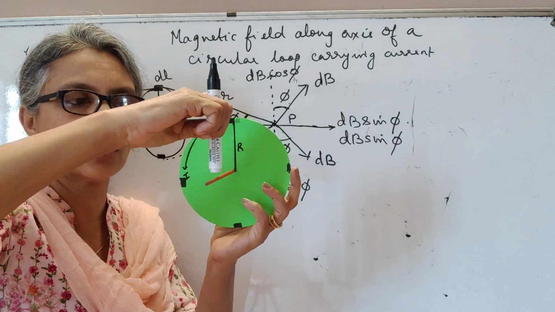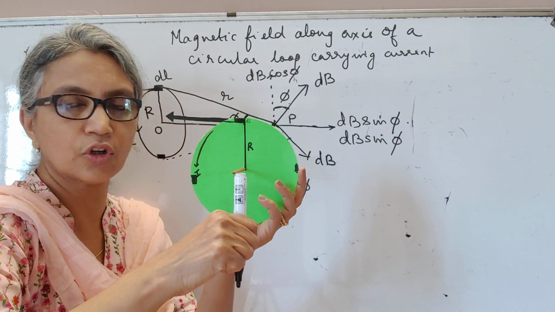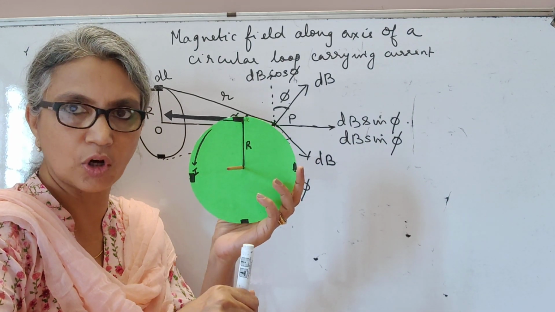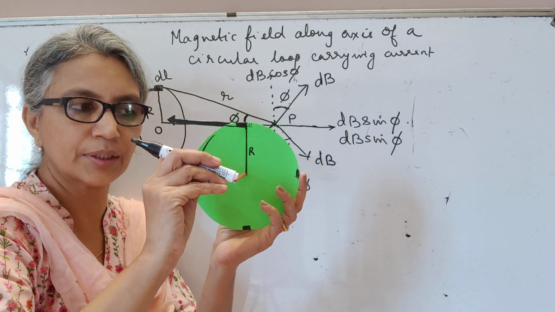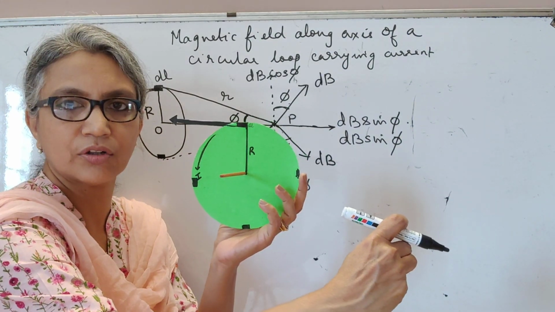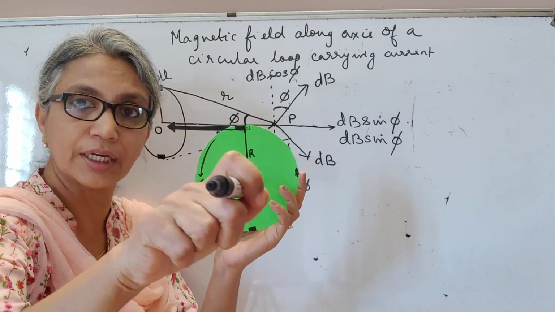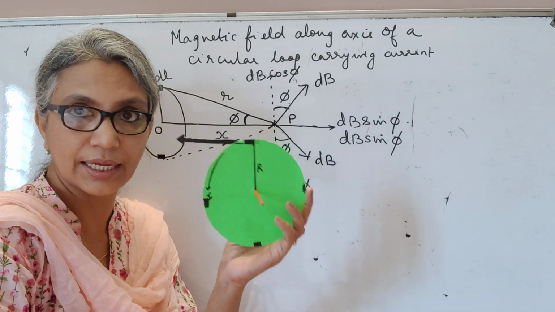So if an element has dB cos phi like this, the other diametrically opposite element will have a dB cos phi in the opposite direction. All the sin phi components will be along the axis and they will get added up.